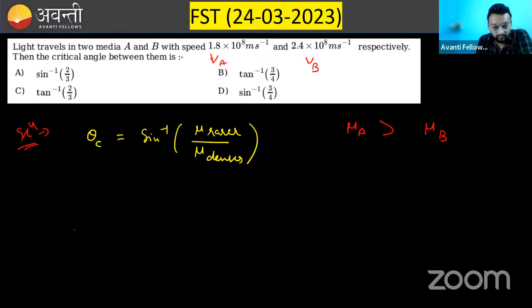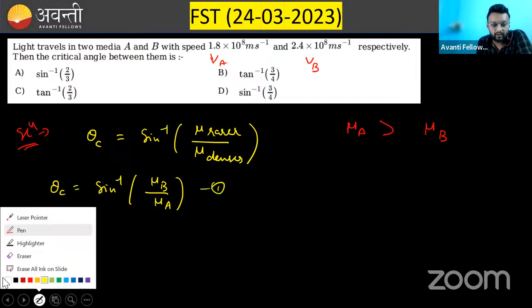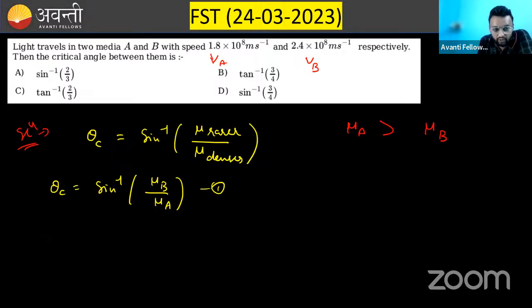That's clear now. So you can write theta C is equal to sine inverse of rarer, that means mu B divided by mu A. This is equation number one. Now you know that mu is equal to c by v, that means mu is reciprocal to v.